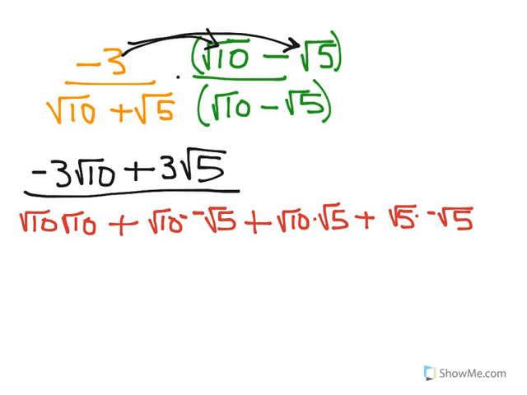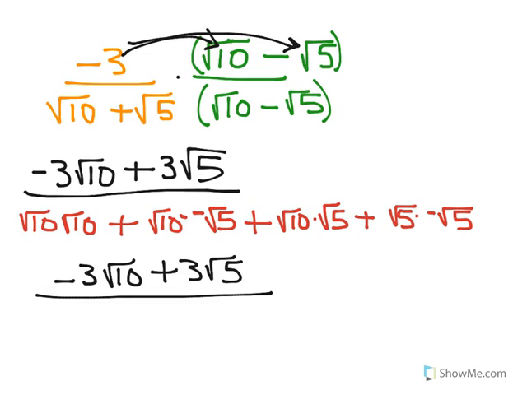So let's go ahead and leave our numerator as is, negative 3 radical 10 plus 3 radical 5. There's nothing we can simplify with that numerator. Our denominator, though, we're still working on.